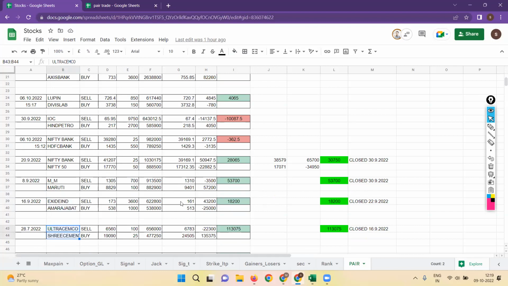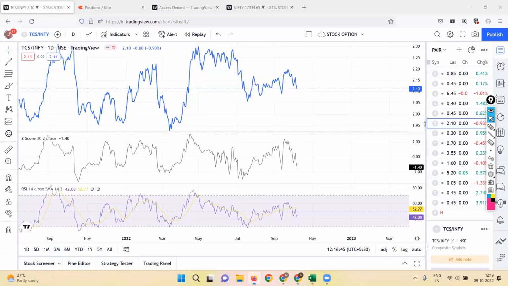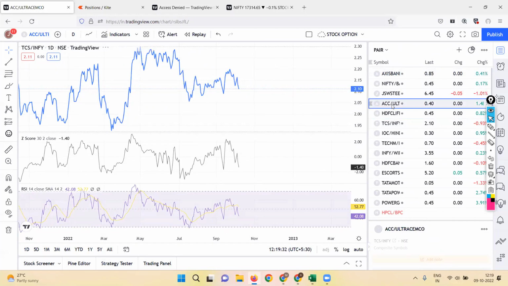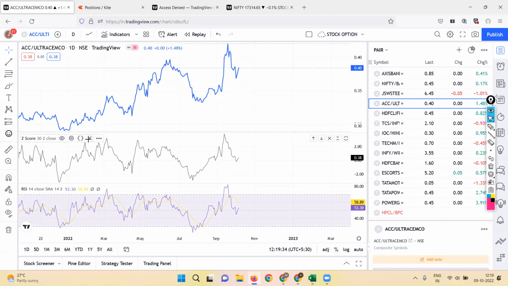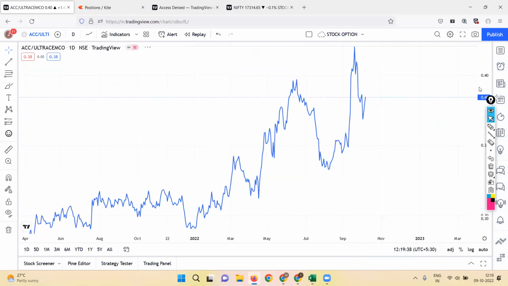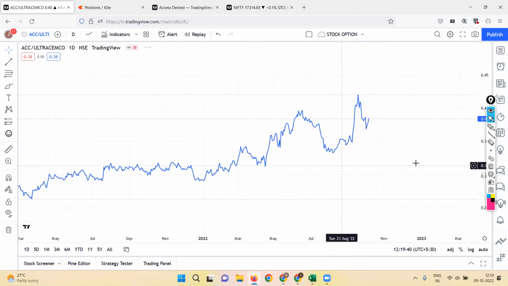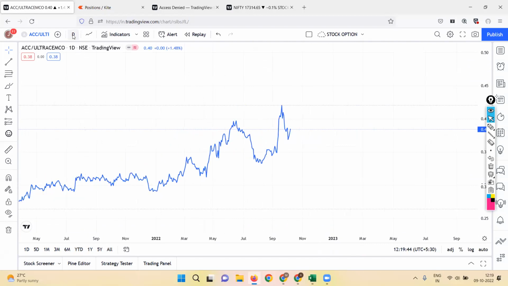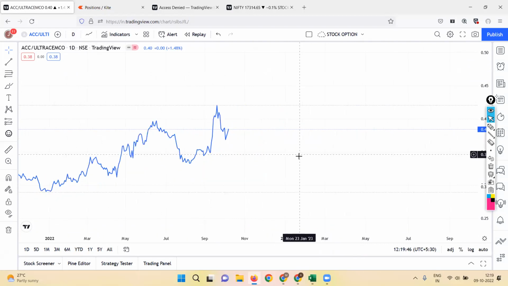First of all, we add the ratio chart in the TradingView free version, for example ACC and Ultratech Cement. It is simple, sir. We use a higher time frame, meaning daily and weekly is better.